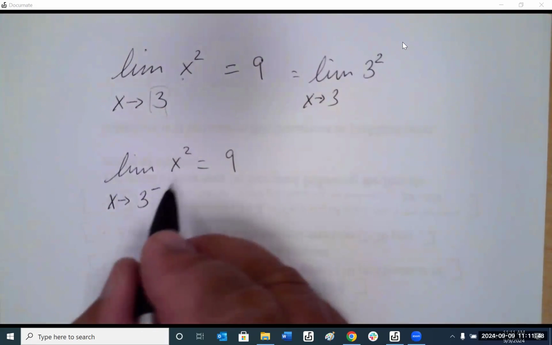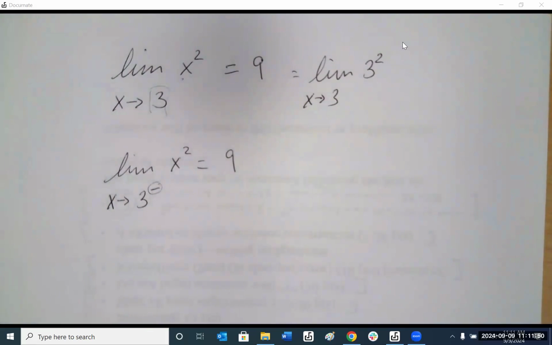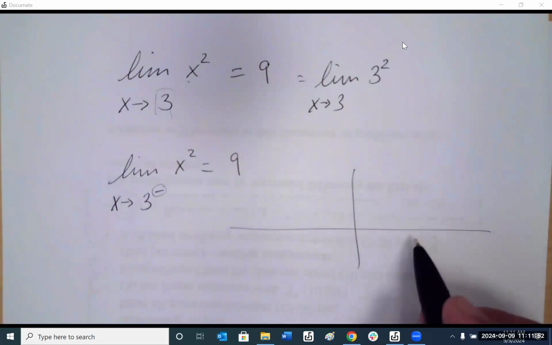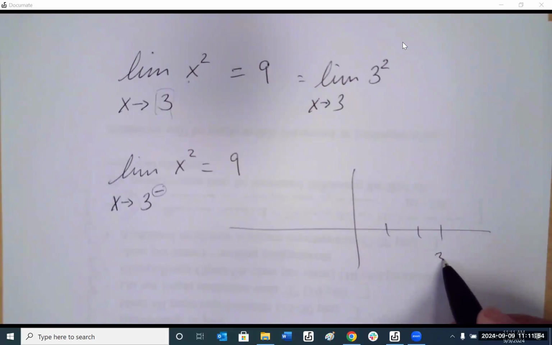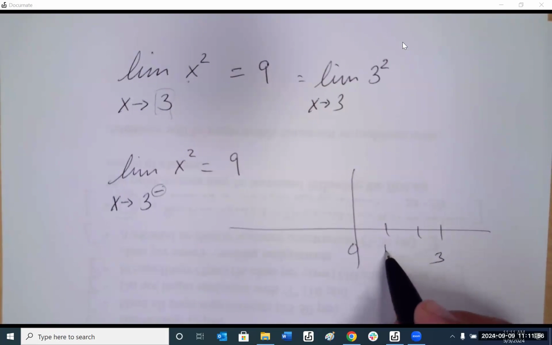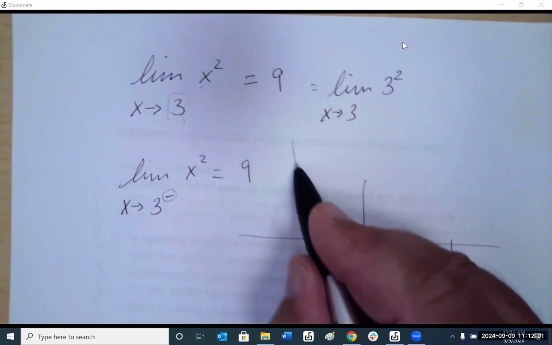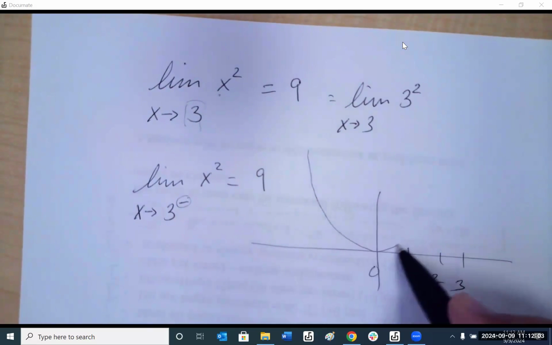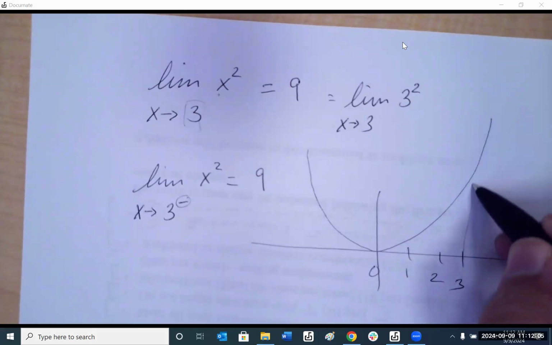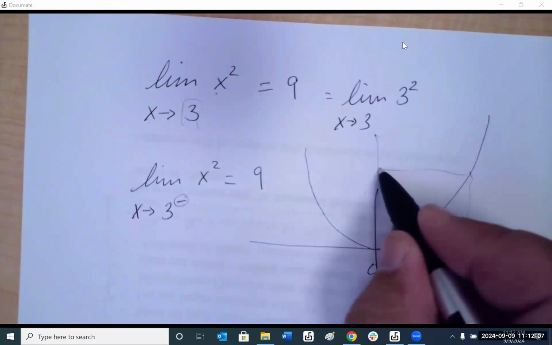Still 9. This doesn't make it negative. It simply means I'm coming to 3 from the left side. I'm plugging in 0. I'm plugging in 1. I'm plugging in 2. The graph is still the same. It's still always going to be 9.